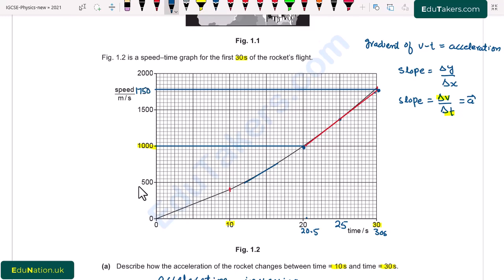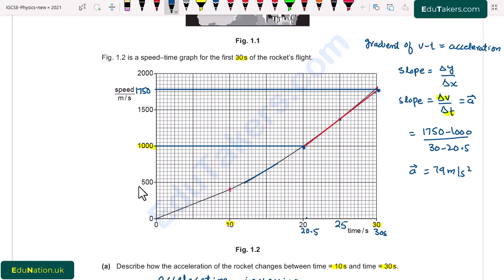Now we have to find out the slope. It will be equal to delta v, 1750 minus 1000, divided by change in time, 30 minus 20.5, and the acceleration comes to be 79 meter per second square.